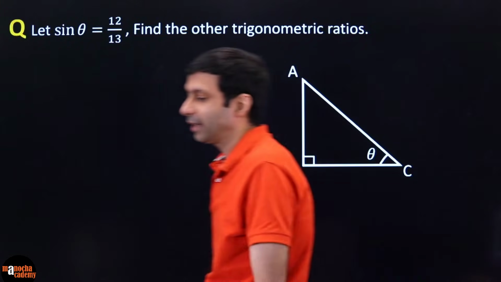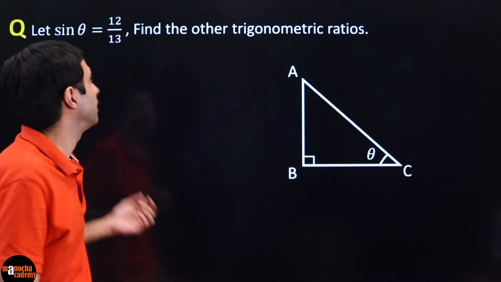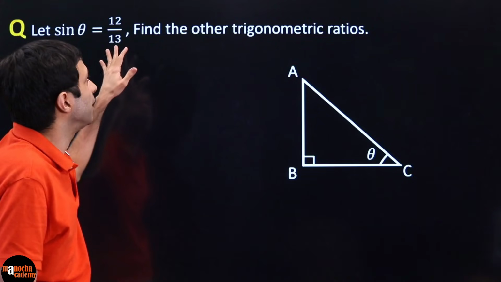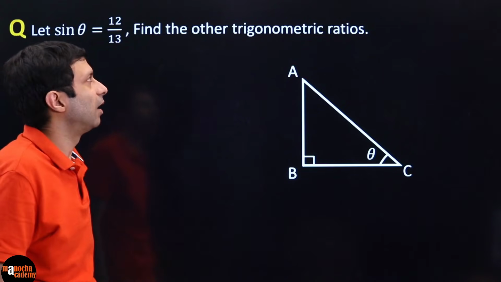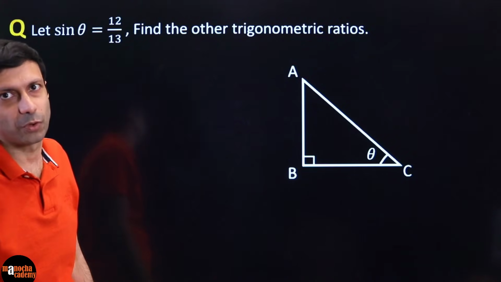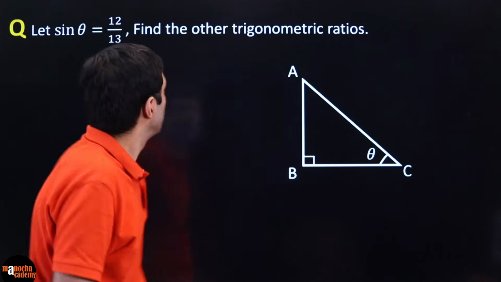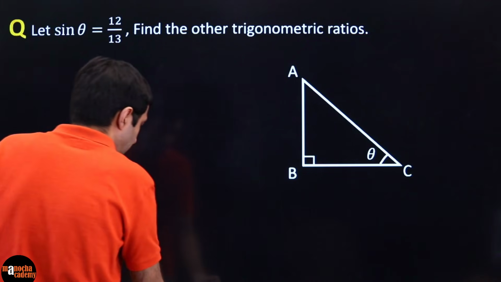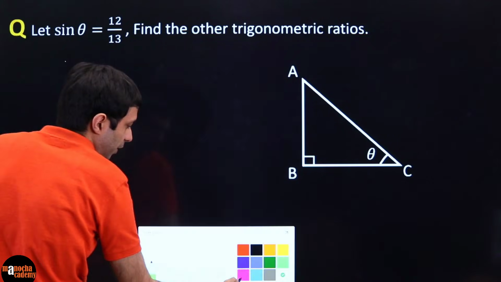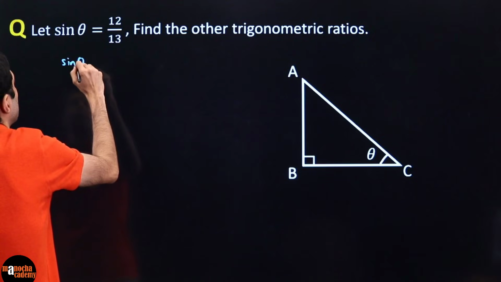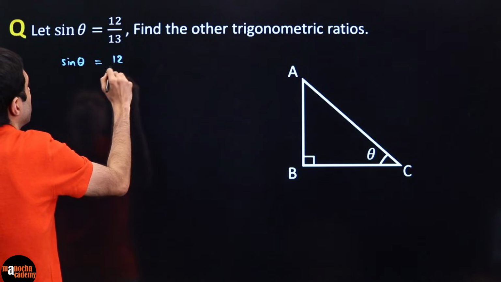Now, let's try a question to understand this. Let's say sine theta is given as 12 by 13. Can you guys find the other trigonometric ratios for me? So let's say for this triangle, 90 degree, theta, they have given us sine theta. So what you have been given here, sine theta is 12 by 13.